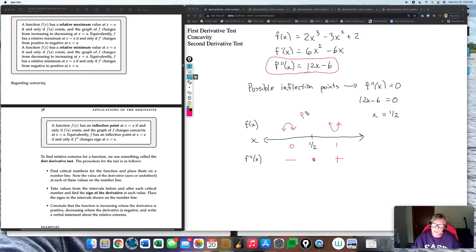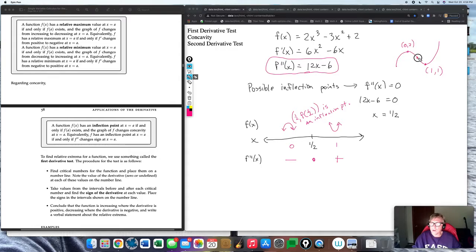So what does this mean? This means that 1/2, f of 1/2 is an inflection point. And I can say that because f is defined at 1/2. So basically we have a point here, 1, 1, and a point here, 0, 2.